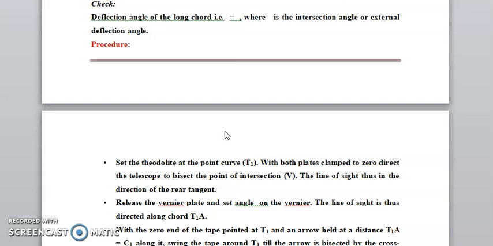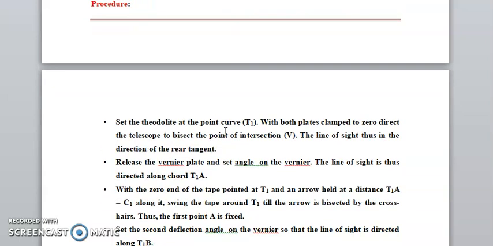The line of sight is thus along the chord T1A. With the zero end of the tape pointed at T1 and the arrow held at distance C1 along it, swing the tape around T1 till the arrow is bisected by the crosshair. The first point A is fixed. Set the second deflection angle on the vernier so that the line of sight is directed to T1B.